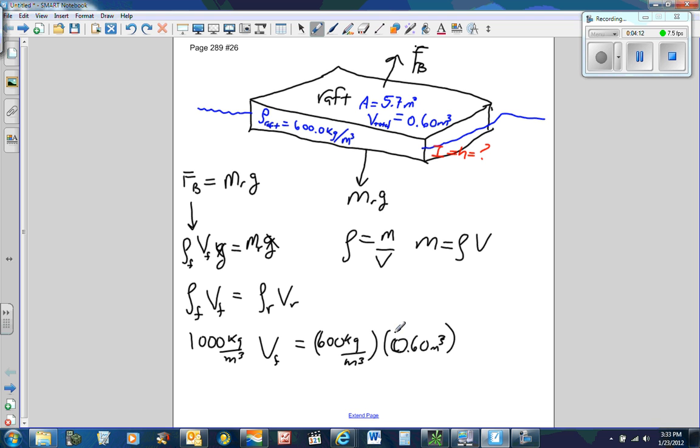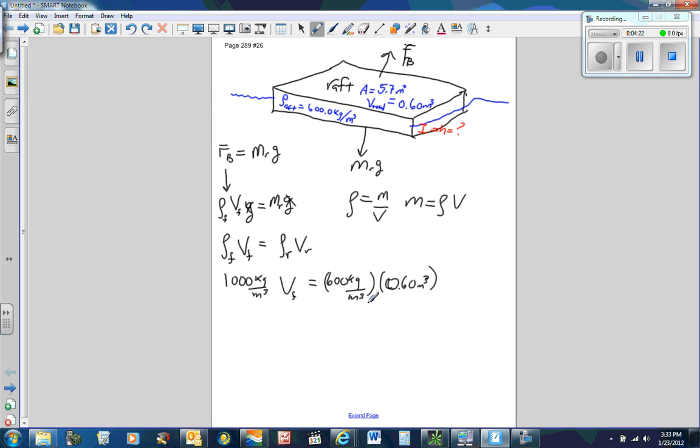All right, so we're looking for volume. So 600 times 0.6 gives me 360 on this side. Let's make this a little bigger. So I got 360 kilograms on this side. And that's going to equal 1,000 times V.